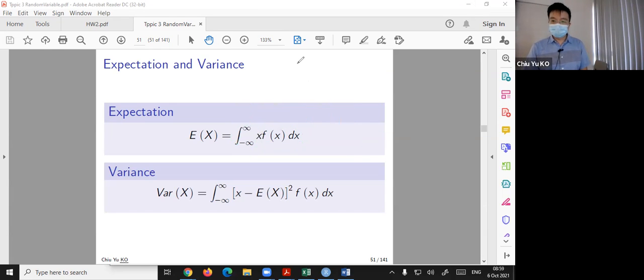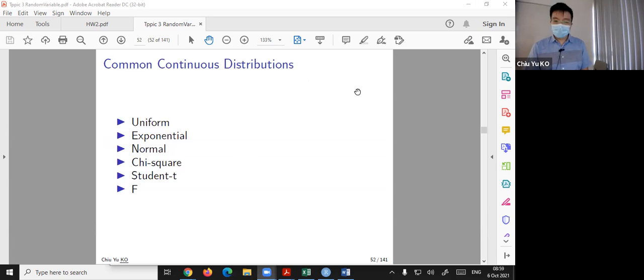Now, same as the discrete version, I want to show you how to calculate all this. But for continuous random variables, it's much easier. And this will be the main core of these five different distributions.